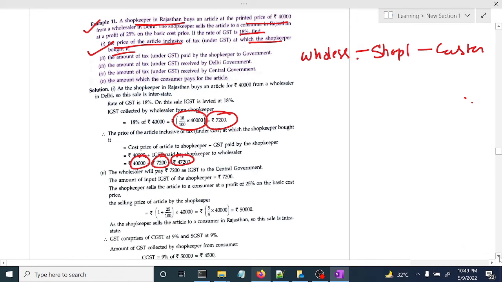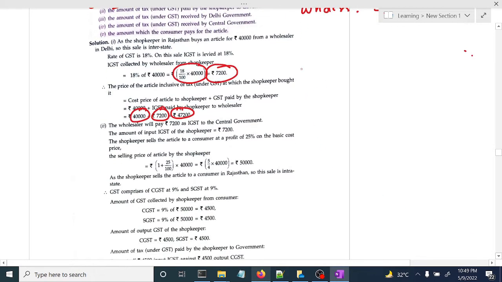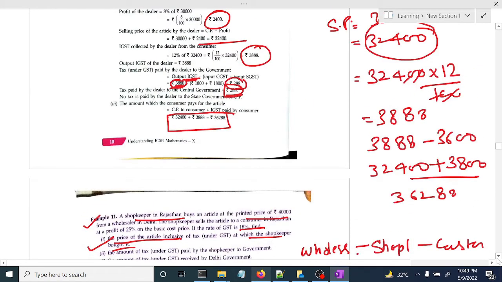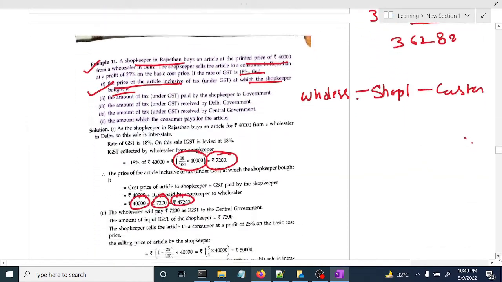So now the amount, it's a bit tricky, second part, okay?